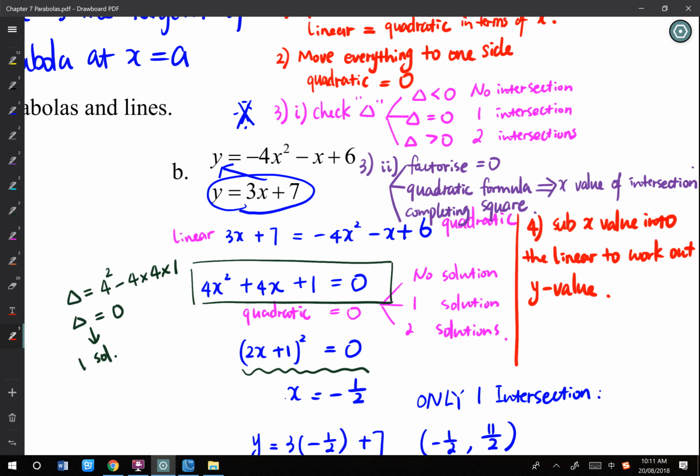Sub X back, right? I need one more step to sub X back if it's a hand approach. So equalize them, solve them, sub the thing back, and then one more step. But if I have a calculator, I can do the coordinates together. I can solve out the things together.